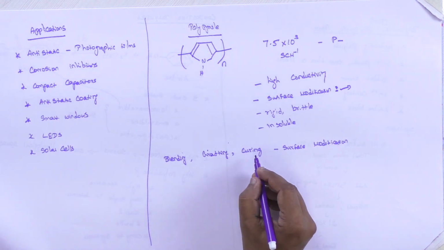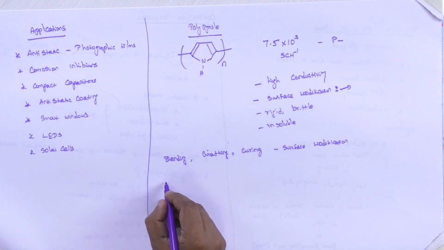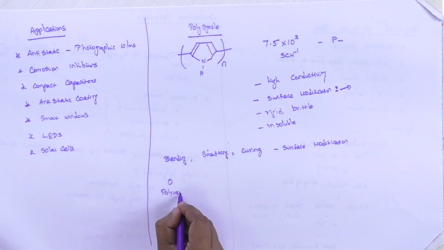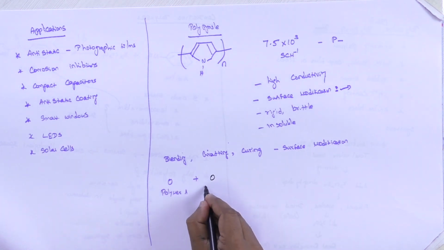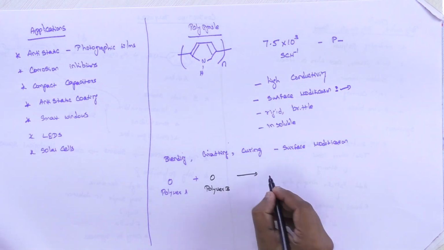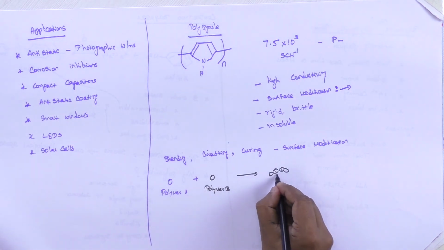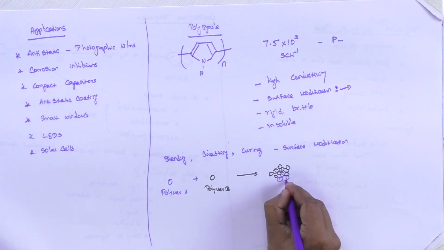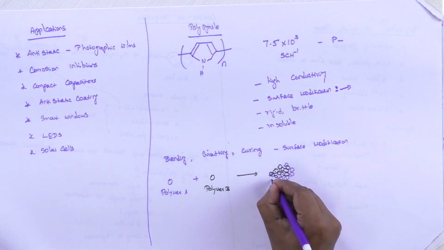Let us explain blending through a diagram. If I take polymer A and polymer B, through blending you get a combination like this. This is nothing but blending of a polymer.